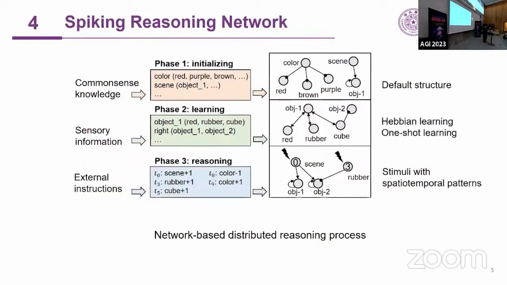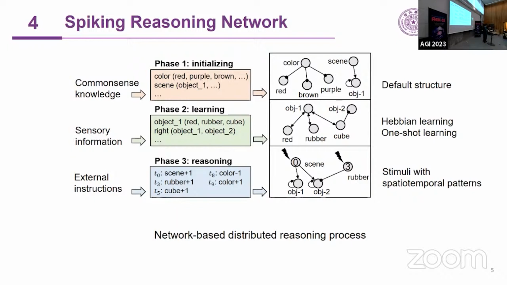Next, I'll briefly introduce the philosophy of the design. In phase one, we use common sense knowledge to initialize the network, including the neurons and the connections. It has a default structure. In the second phase, it learns from sensory information.